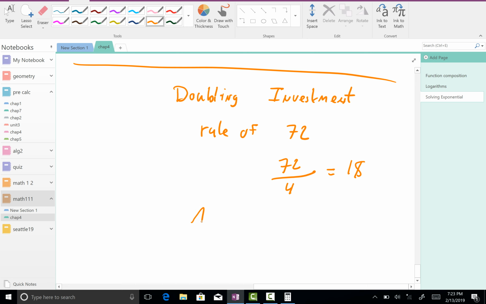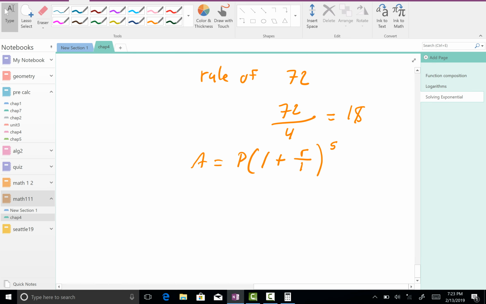So say we're going to use this guy here, 1 plus, we don't know what the rate is, and it is compounded annually, so that'd be 1 there, and we won't know what the time is. We just know we want to double the investment in 5 years. Okay, so we need to know what the rate is.